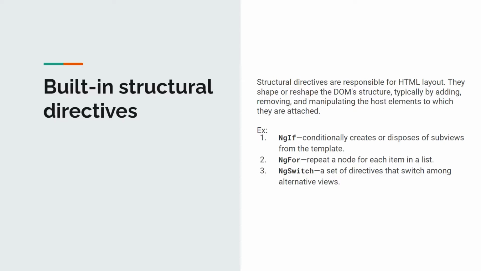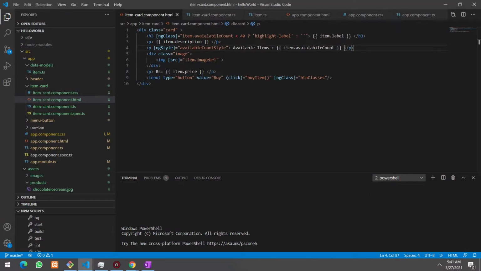For example, if you remember, we used ngFor before to repeat the node for each item in a list. And now we are going to see ngIf. This is a built-in structural directive for conditionally creating or disposing a subview from a template. Let's move to our source code.